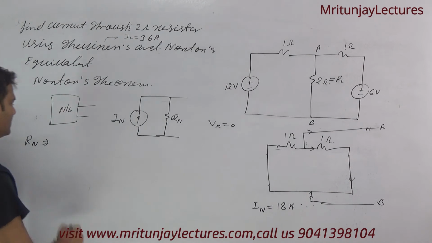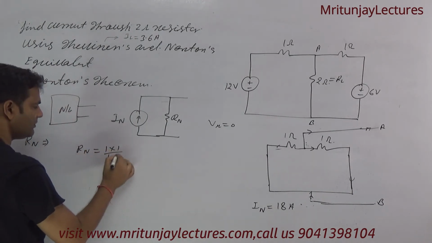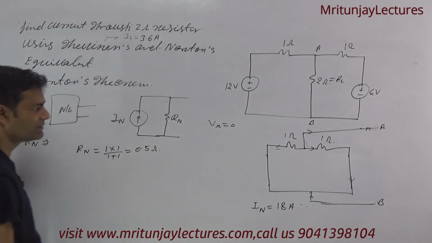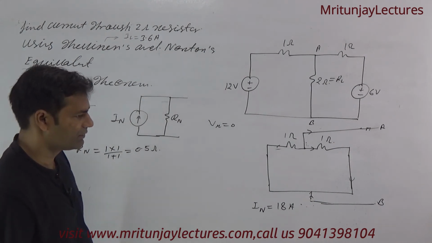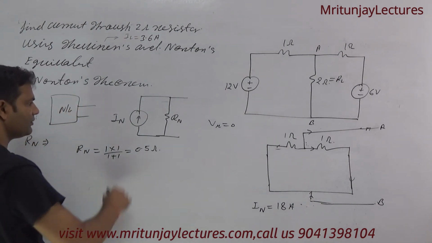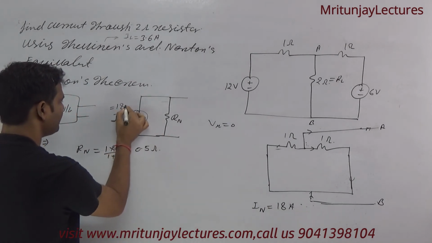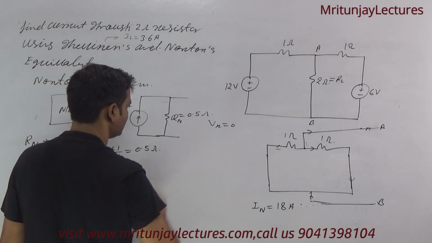Okay. Rn is 1 into 1 divided by 1 plus 1, that is 0.5 ohm. Clear or not? So now, In is 18 ampere and Rn is 0.5 ohm.